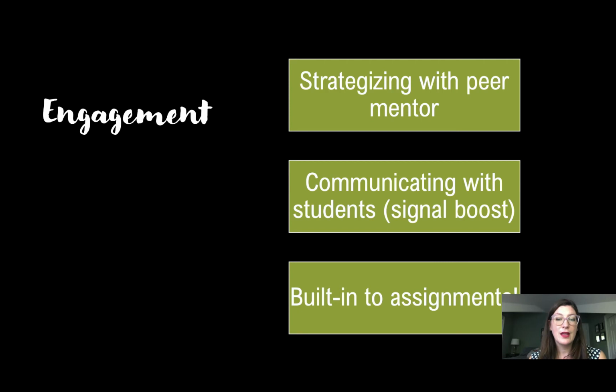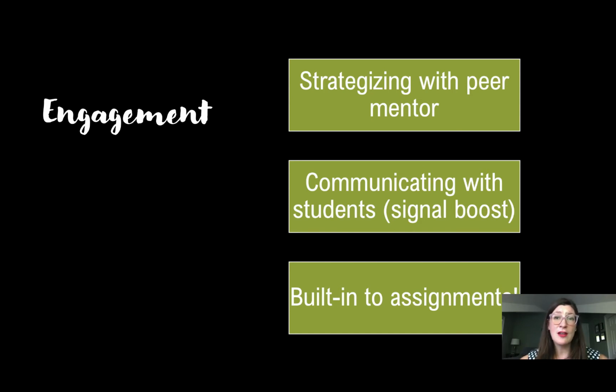And that will double up on the exposure and engagement that you can demonstrate for students. But maybe one of the most effective ways to jumpstart students' engagement with peer mentors is to bake them into an assignment, which sounds more gruesome than it is. What I mean is that if you are, say, having students do work with a text for their rhetorical analysis, create a small scaffolded assignment that asks them to conference with their peer mentor.